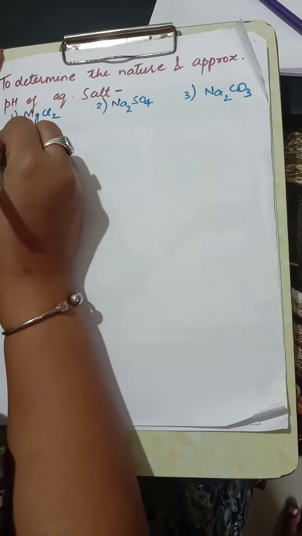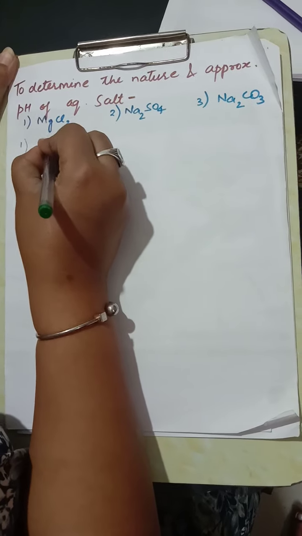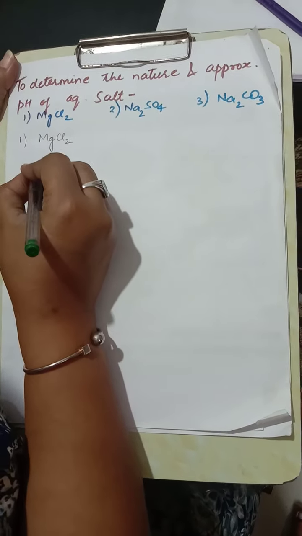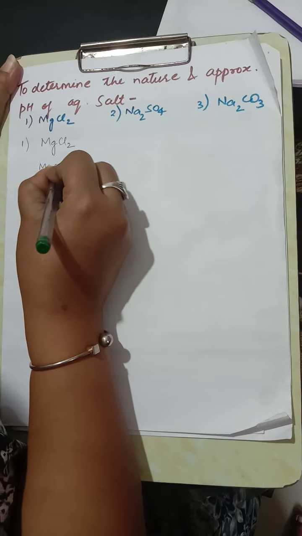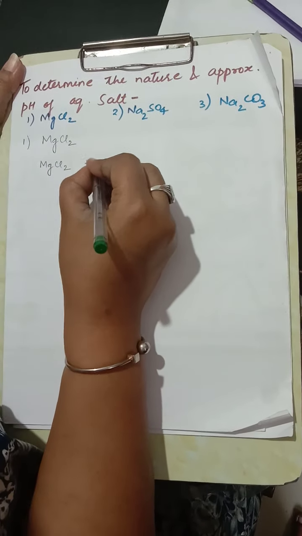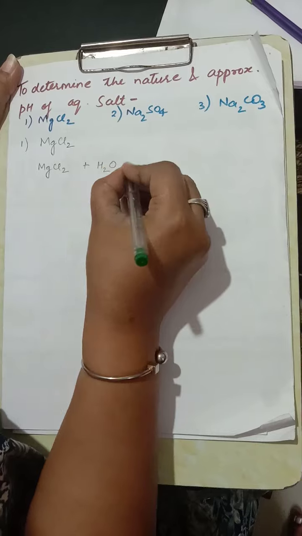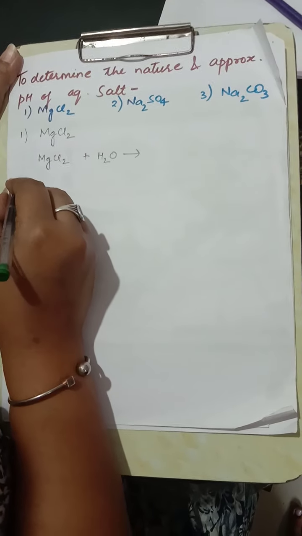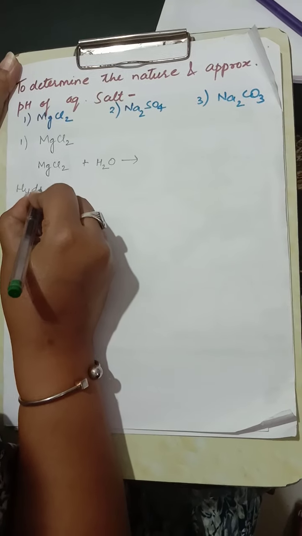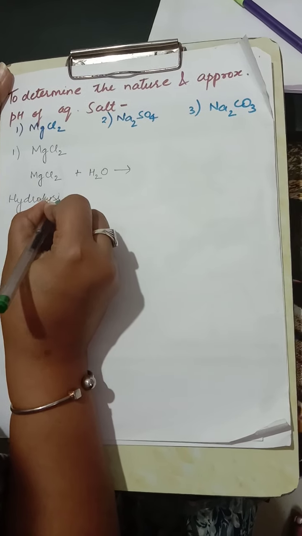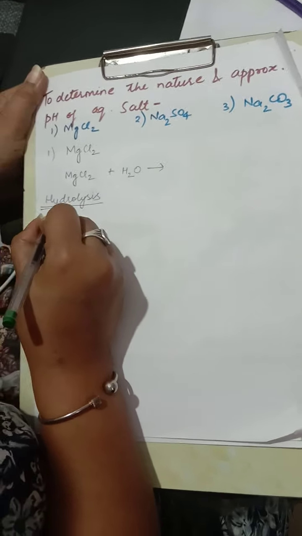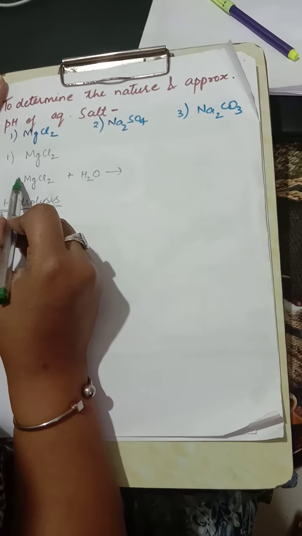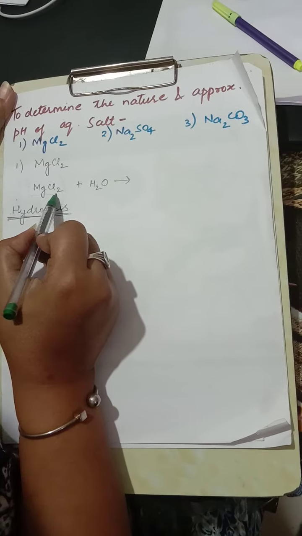Let's start with MgCl2. First step is we will take MgCl2 and its reaction will be shown with water. Such kind of reactions are known as hydrolysis reactions.